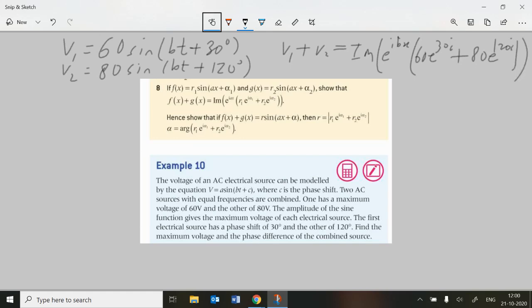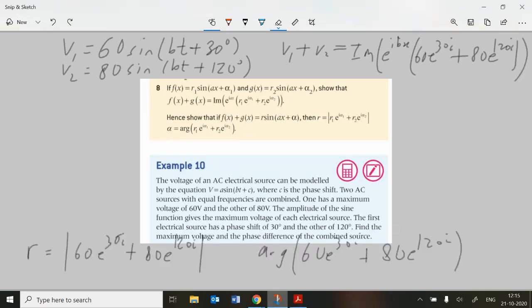Okay, so that's what we've got. And I've just sped things up a little bit here because it took me some time to write this down. Essentially this is now using the formula here and using the formula here. We are working out the size of the amplitude of the combination of the two functions.